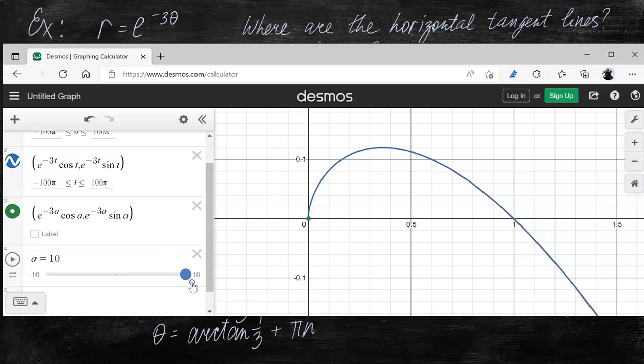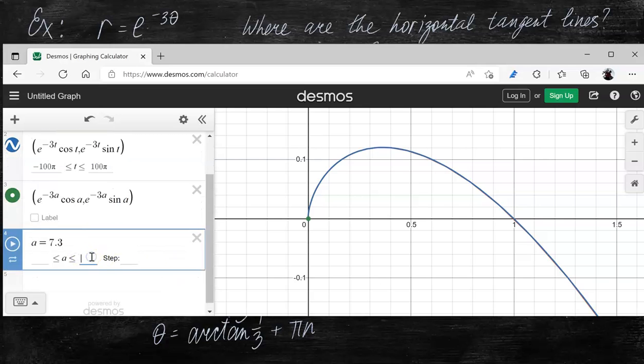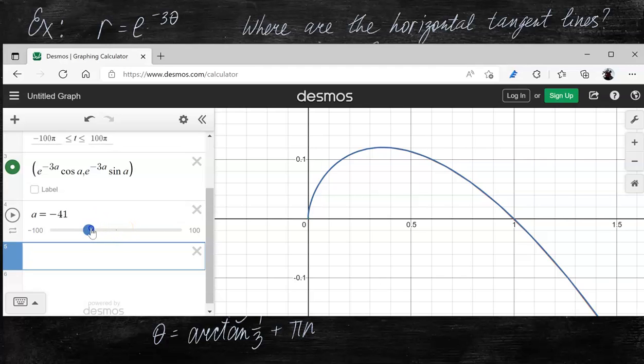As a increases, we just head to 0. It seems like as a gets bigger, the point gets closer and closer to the origin. But why do we have so many tangent lines? So let's see.